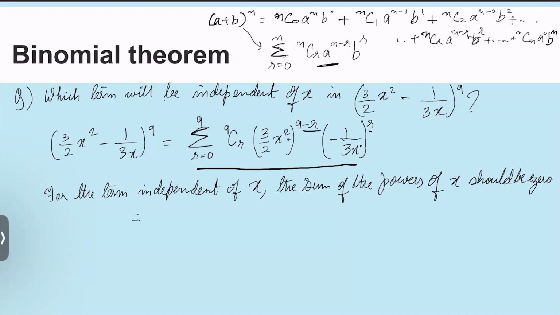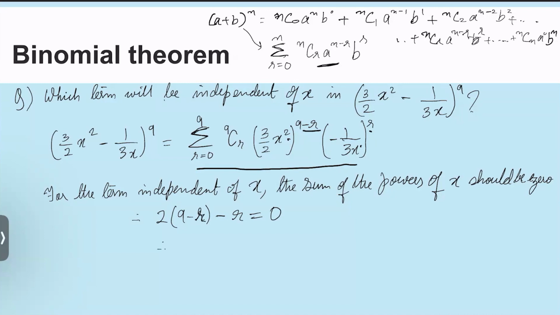So therefore, the sum of the powers, we have 2 multiplied by n minus r, that is for the a part, and over here you will have x raised to minus 1 into r, so it is minus r, and this should equal 0. So now we have to find what would be the r.